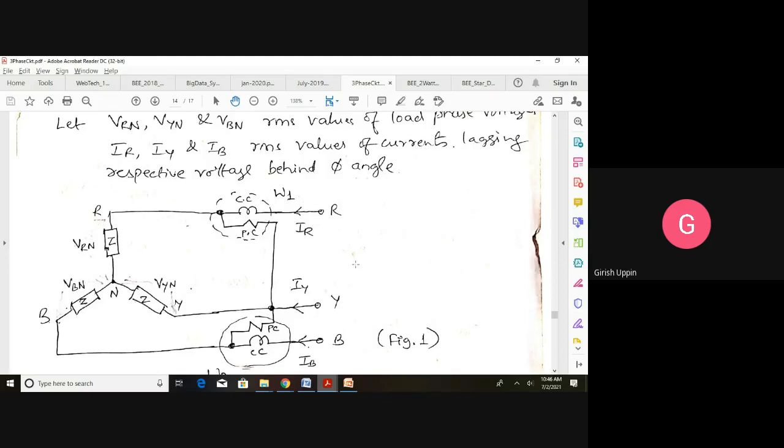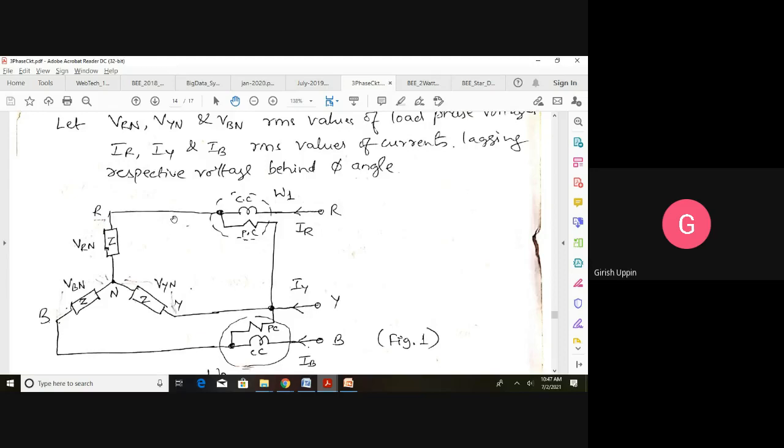And again I am repeating, the phase and line parameters in case of a star: IL is equal to I phase, so whatever the line current, it will flow into the phase. And VL is equal to root 3 times V phase, means the line voltage is root 3 times more compared to the V phase.